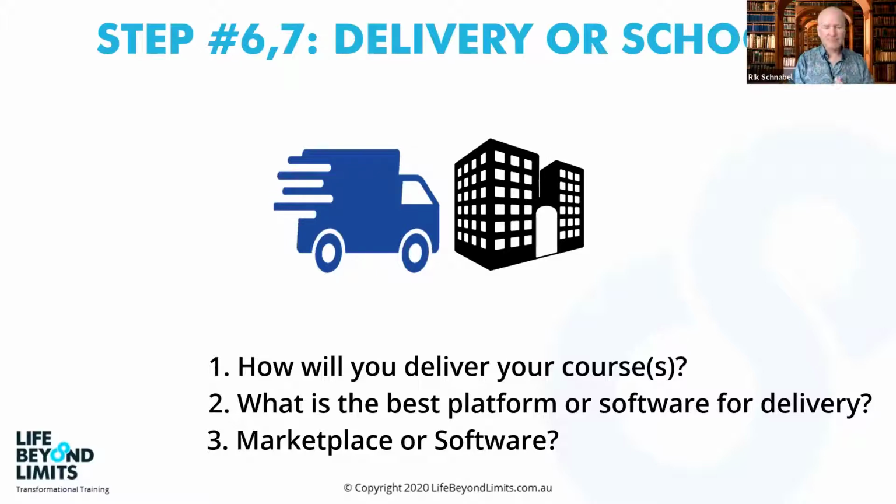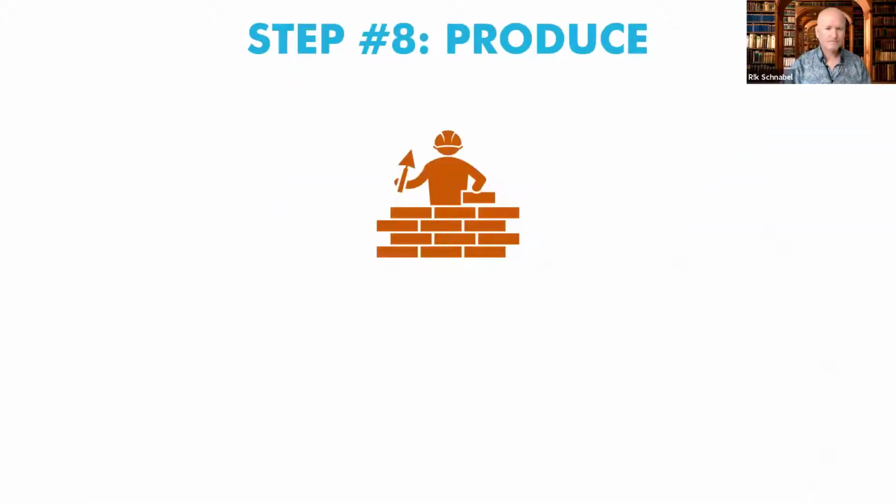And that's a great place. If you're not interested in marketing yourself or selling yourself, a marketplace is the better decision for you, because that way you can just put your course into a marketplace, and then you don't have to promote it. You just let them promote your courses. So that's step number 6 and 7, which is the delivery and the school.